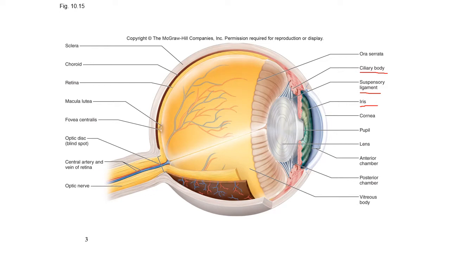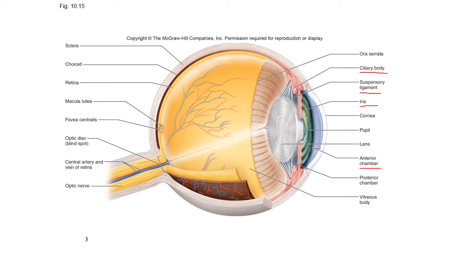Number 4 is the anterior chamber. Anterior means in front of, and it's in front of the lens. It is behind the cornea. The anterior chamber is also located in the vascular tunic. It is between the cornea and the lens, and it contains something called aqueous humor.